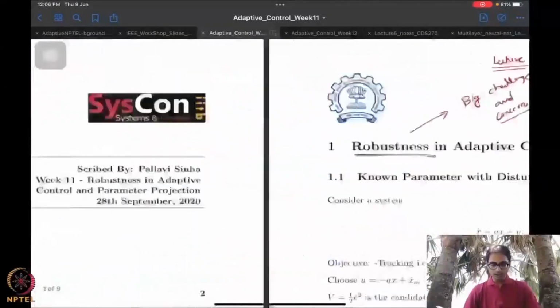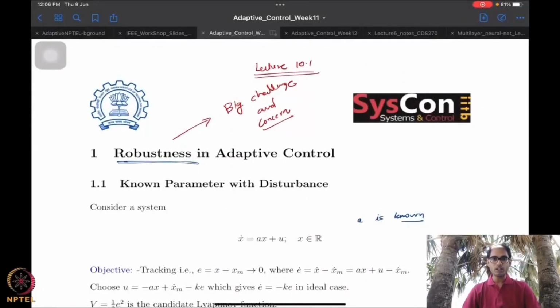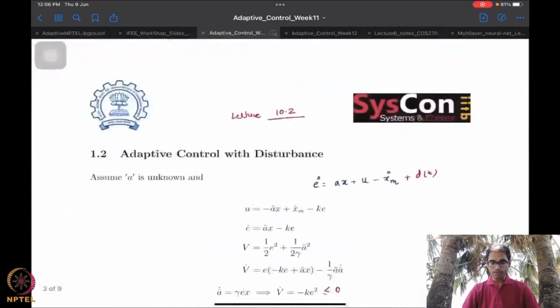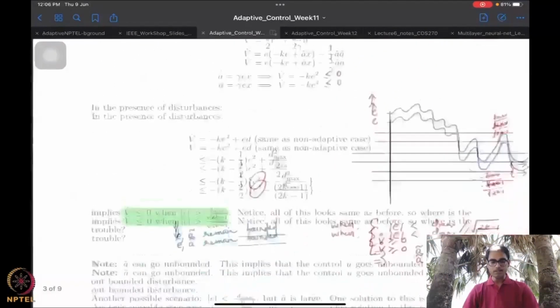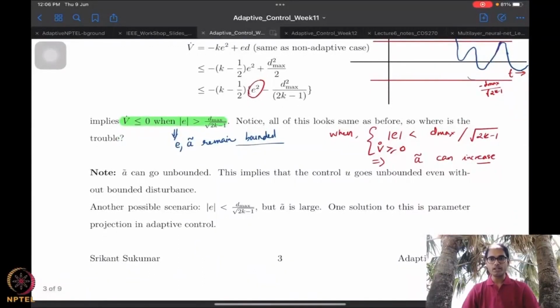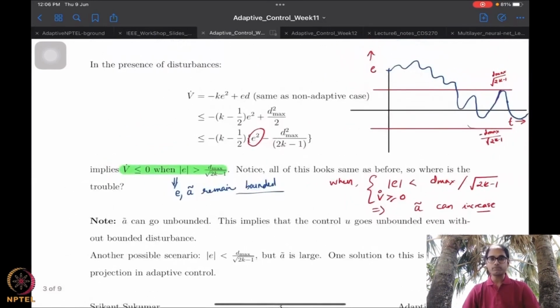So we actually started off talking about what is robustness and what is the need for robustness in adaptive control, and we got a pretty good idea that in the presence of a disturbance that would not really trouble non-adaptive laws, what happens in the adaptive control setting is that this disturbance can result in our parameters going unbounded and subsequently the control also becoming unbounded in order to maintain a nice bound on the tracking error.